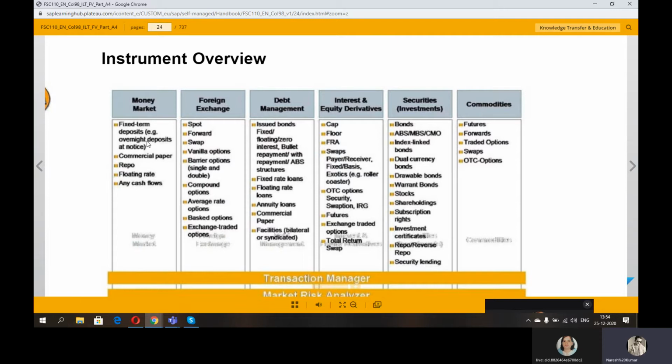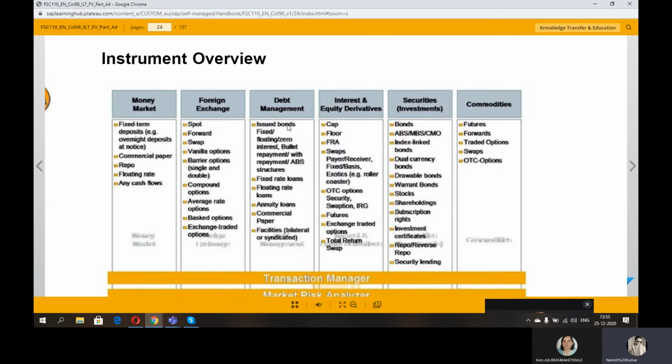Examples like overnight deposit at notice, commercial paper, repo, floating rate, any cash flows. There we have lots of things to configure in money market. Same over forex, we have spot, forward, swap, okay, vanilla options, barrier options like single and double, compound options, average rate options, basket options, exchange traded options. Based on this, the forex will be taken.